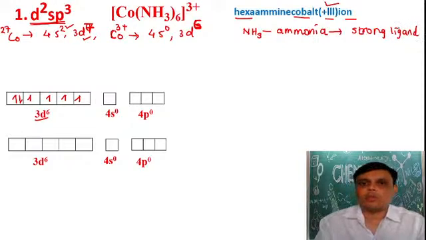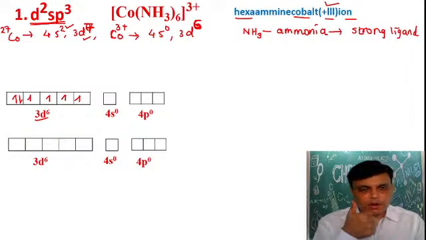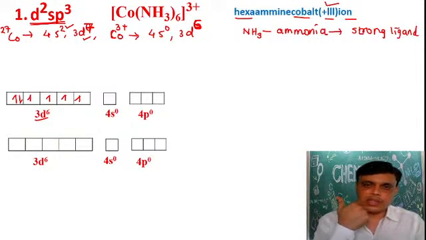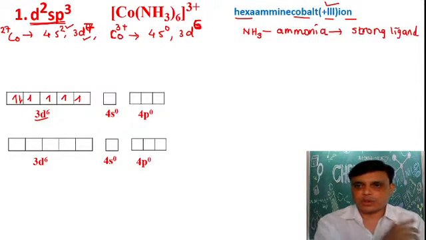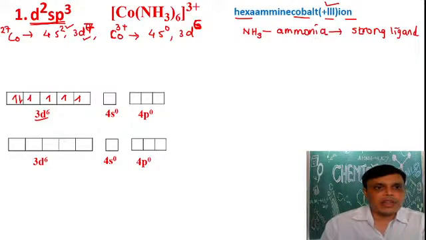Originally it is an average ligand, but in cobalt octahedral complexes, that means coordination number 6 is there, and cobalt oxidation state 3 plus is there, then this ammonia ligand acts as a strong ligand. So strong ligand means what? Strong ligand क्या करता है? Strong ligand electrons की pairing करता है.